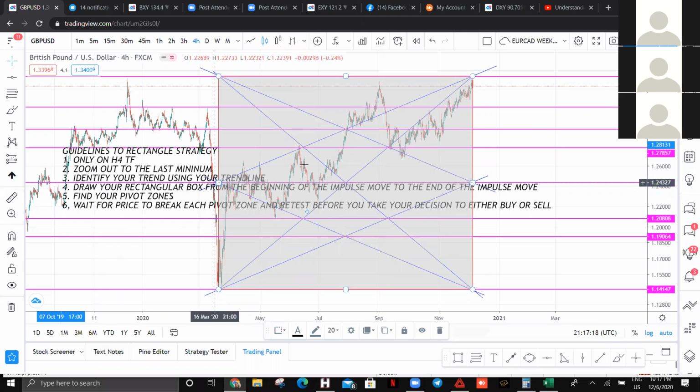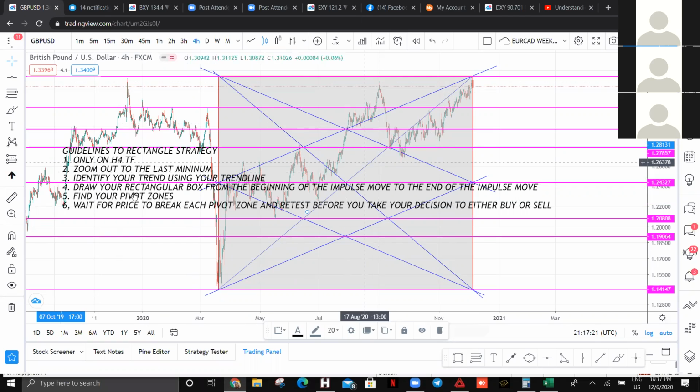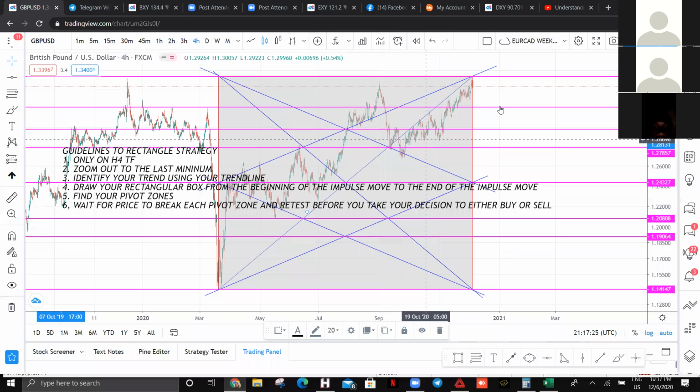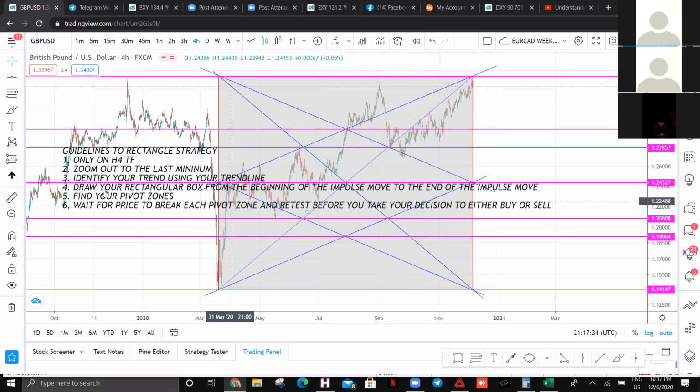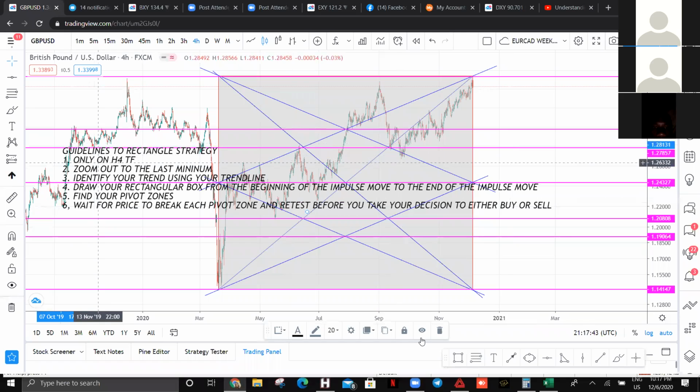Draw your rectangular box, which is this box that we drew. Find your pivot zones, which are these zones that I just identified here. This one is not there. So all these zones. Then wait for price to break each pivot zone, retest before you take your decision to either buy or sell. So I'm going to delete this so I have space to see.